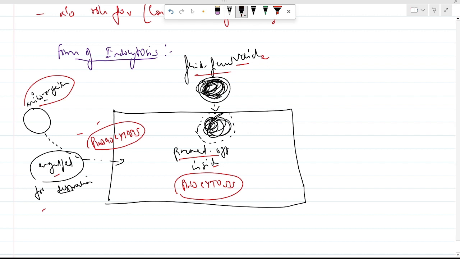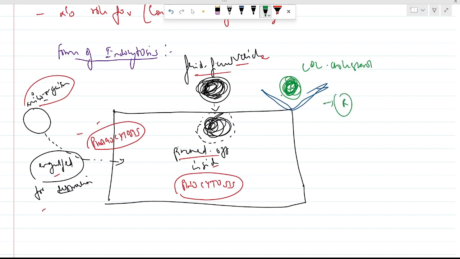The third type of endocytosis we are going to see. Suppose this is a receptor. This is a receptor. Suppose this is a molecule of LDL cholesterol. So, a receptor and a molecule of LDL cholesterol. To this receptor for LDL cholesterol, two molecules are attached.